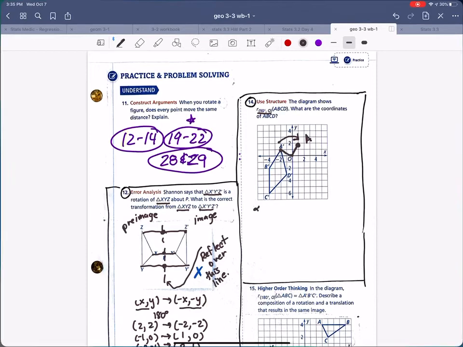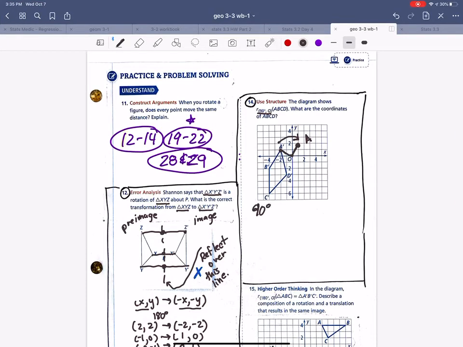That's the same as 90 degrees clockwise. So I'm trying to figure out, well, what is the equivalent rotation of 90 degrees clockwise? So let's look in our chart, because this one is my image, and I have to work backwards and figure out, well, where was my pre-image? This one's sneaky.